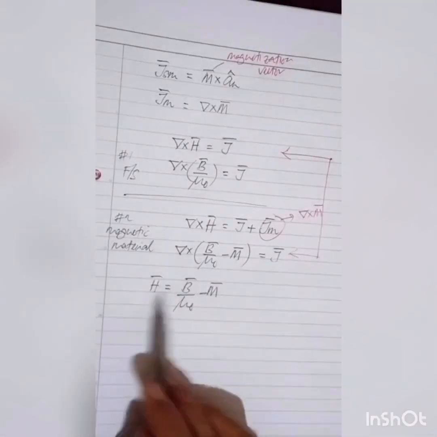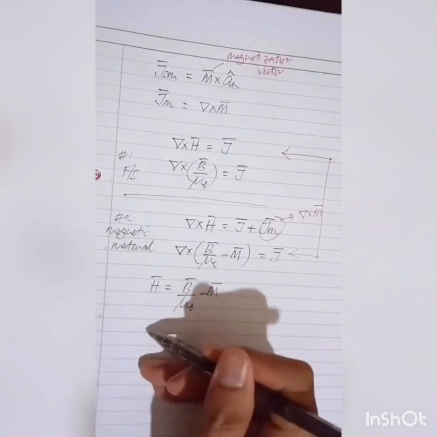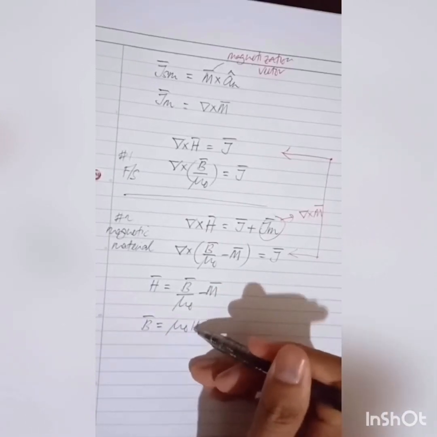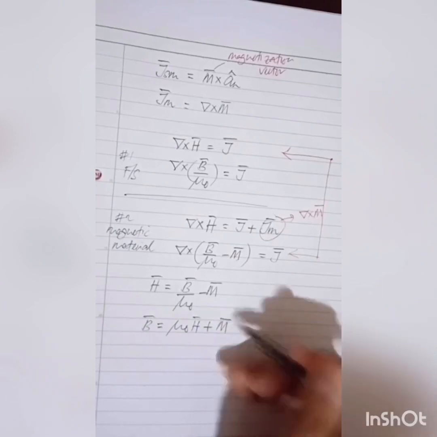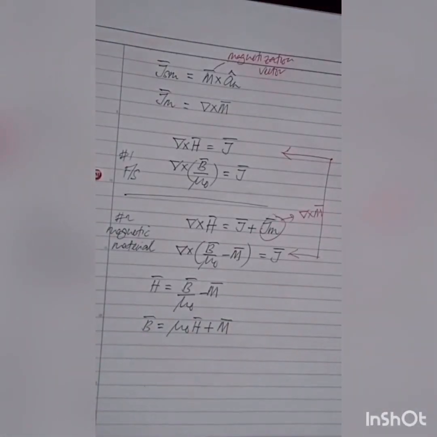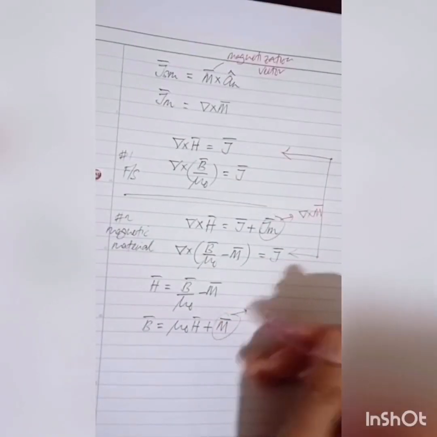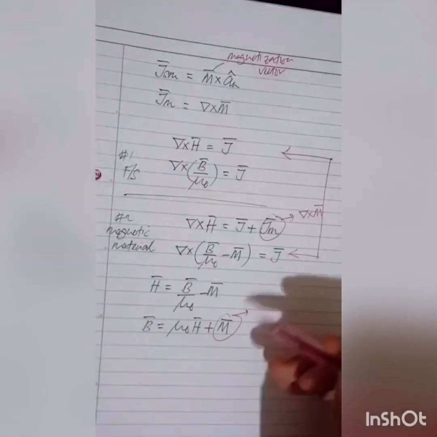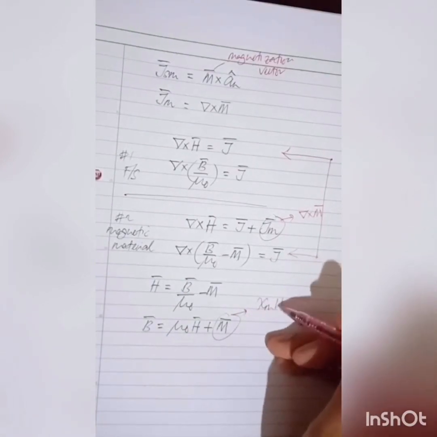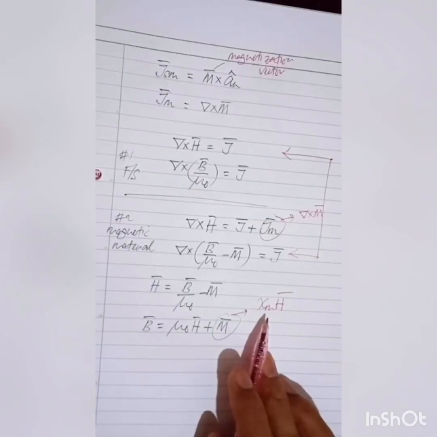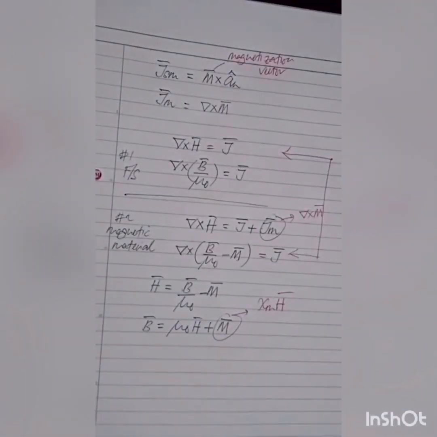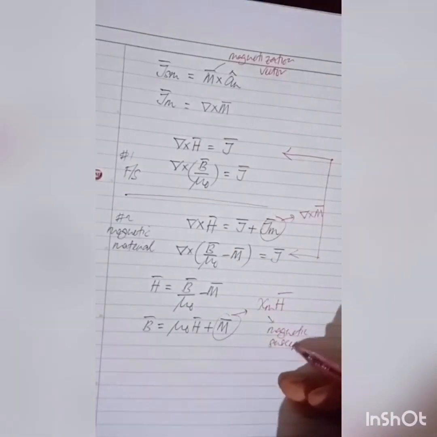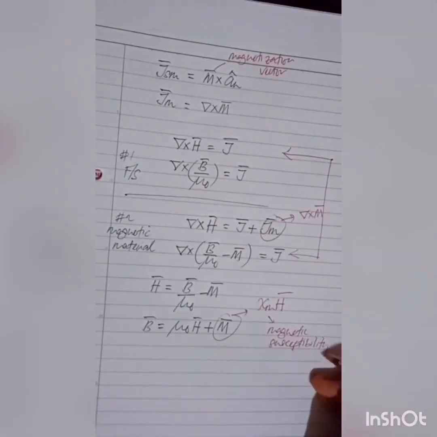Right guys, so let's combine the H and the M, and I just want to find B only now. So B here is equal to mu naught times H plus M. Okay guys, we also know that we can express M in terms of H by replacing M with chi M H, whereby this chi M refers to the magnetic susceptibility.